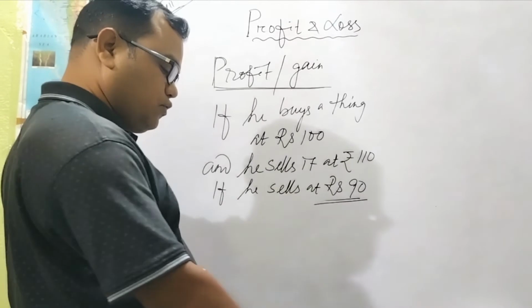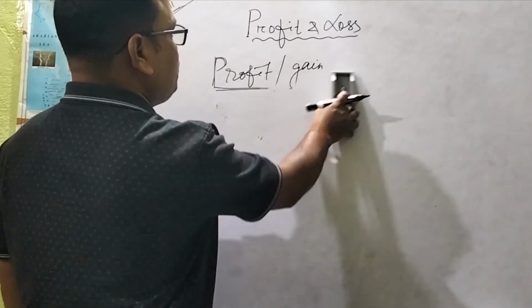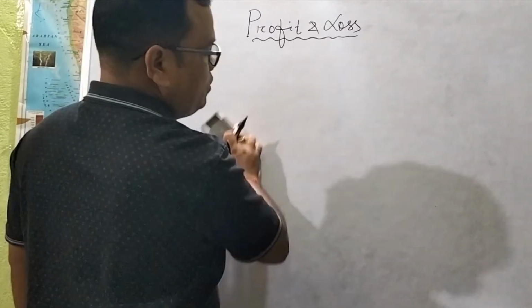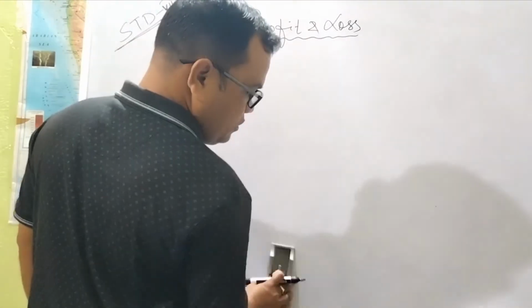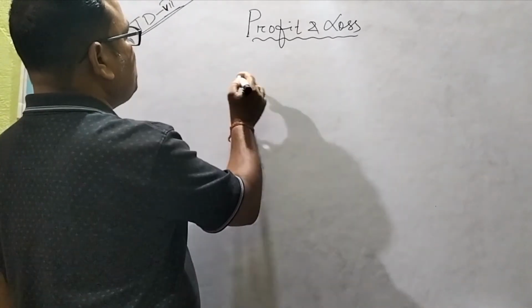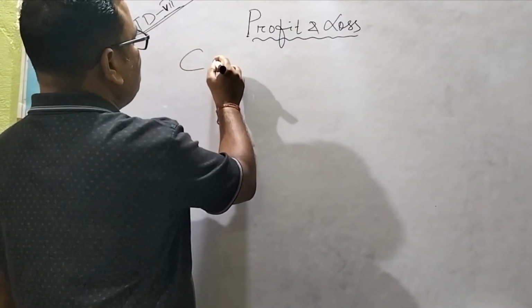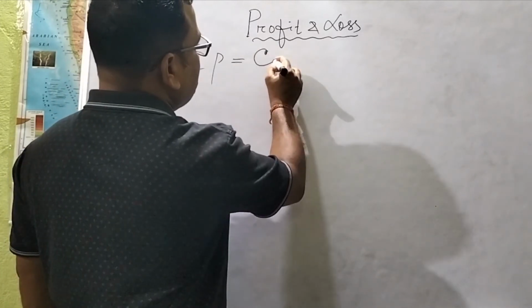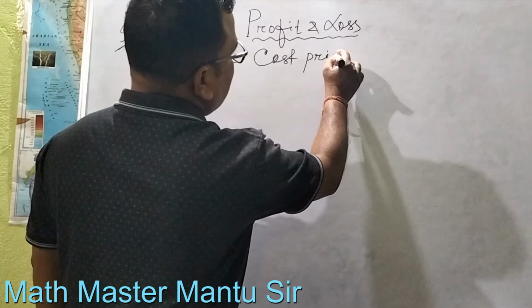Okay, so come to the formula now. I'll give you some examples along with some formulas, so try to remember. First of all, try to remember these abbreviations. CP will be read as cost price.